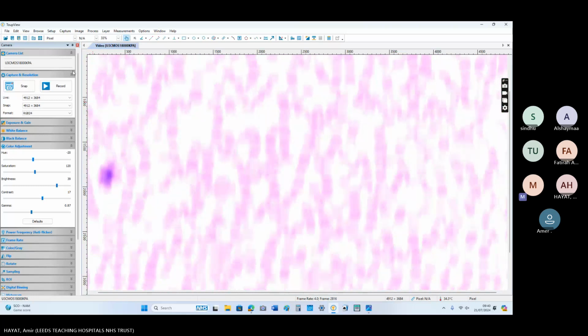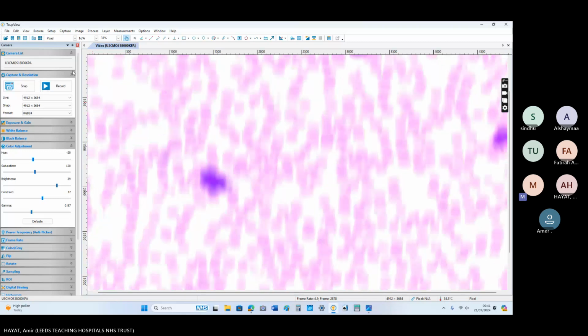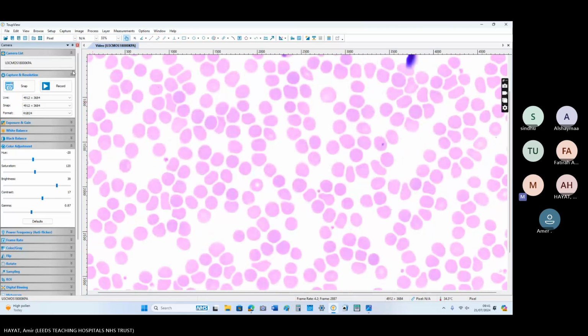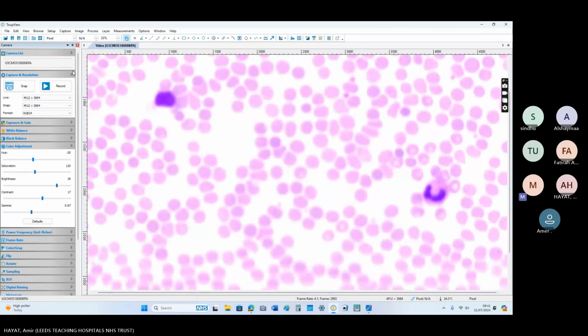Okay, the blood film shows a presence of some atypical lymphoid cells which are variable in size. Some are small in size and some are medium, having irregular nuclear contour, and some have round nuclei, whereas the cytoplasm is also variable.